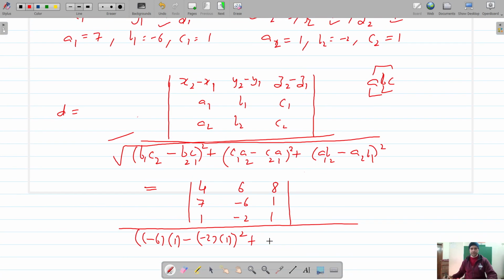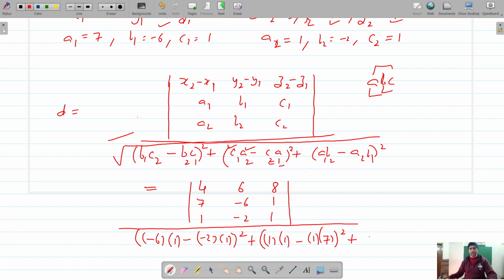Plus c1 is 1, a2 is 1, minus c2 which is 1 and a1 which is 7, the whole square.